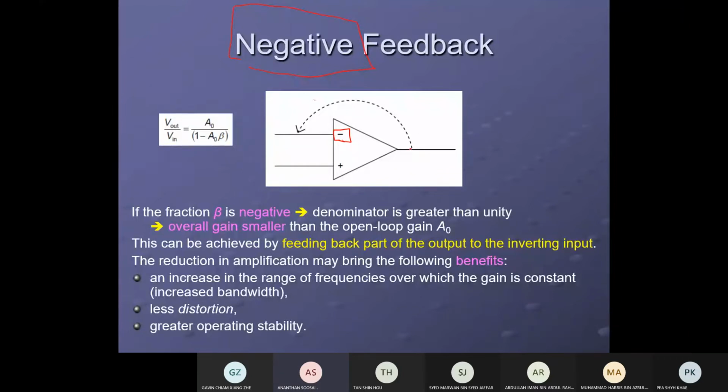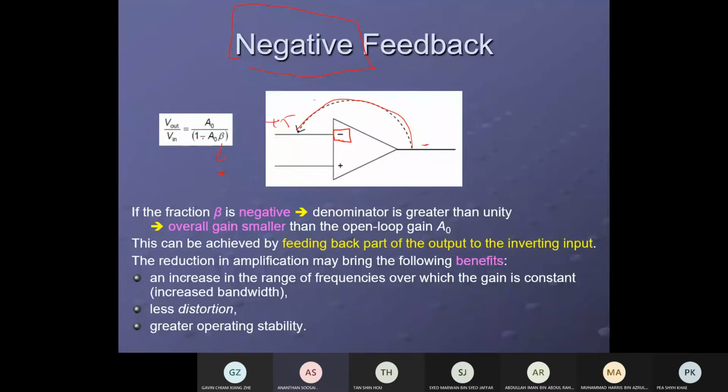Normally it is negative. If you give an input of positive 5, the output will definitely be negative. So here the beta itself becomes negative, so negative becomes plus and the denominator becomes more than 1, so the gain drops.